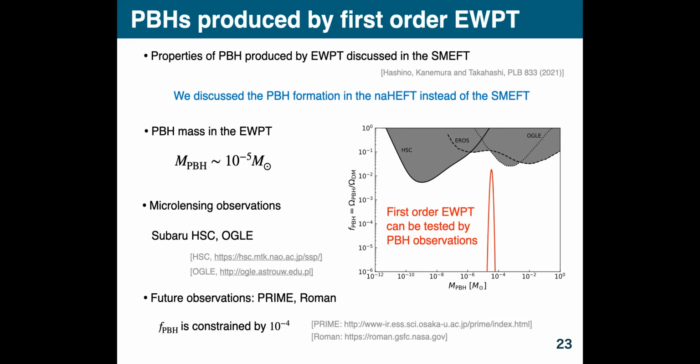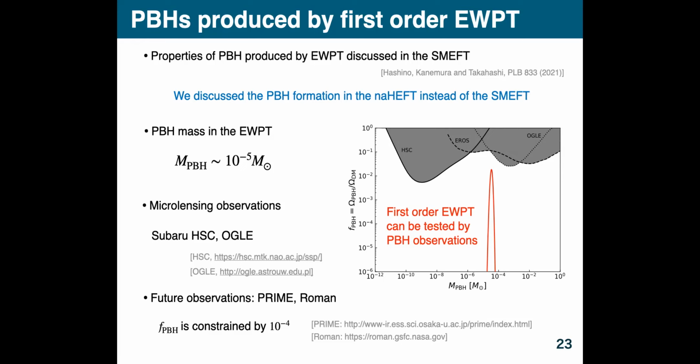In this slide, you show the PBH fraction within SMEFT or nearly aligned Higgs EFT. Is the red one from SMEFT or nearly aligned Higgs EFT? Both are almost the same, because the mass is almost determined by the Hubble horizon when the phase transition occurs.